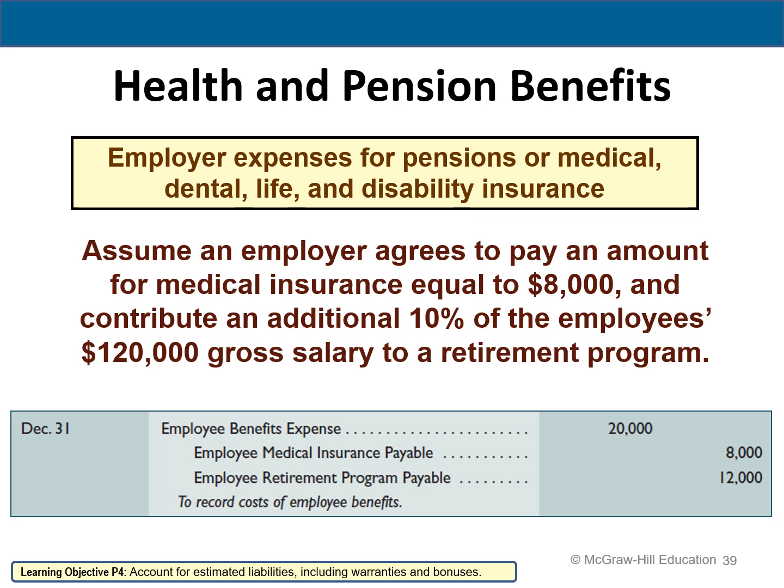So you're going to have employee benefits expense of $20,000, which is the $8,000 plus 10% of the $120,000. Then you're going to have an employee medical insurance payable of $8,000, and an employee retirement program payable of $12,000. Okay.